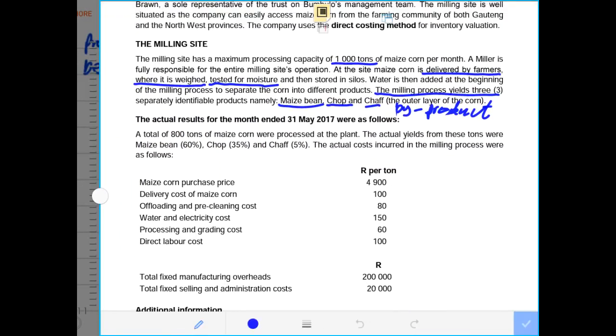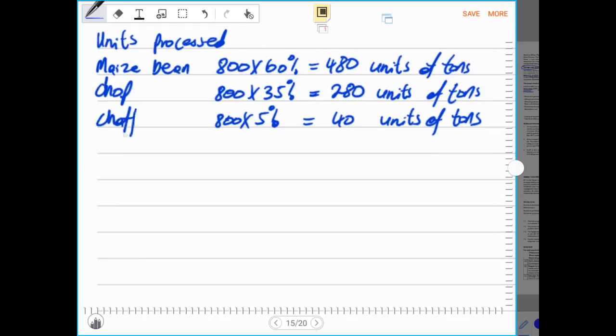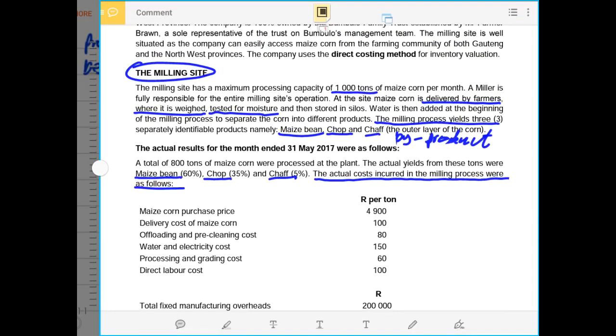Then it says the actual cost incurred in the milling process were as follows. Please be mindful that the milling process is when we are processing all the three products, where we are still processing the maize bean, the chop, and the chaff with the double F. So now meaning these are the costs that we incur jointly, or meaning the cost that we incur combined.